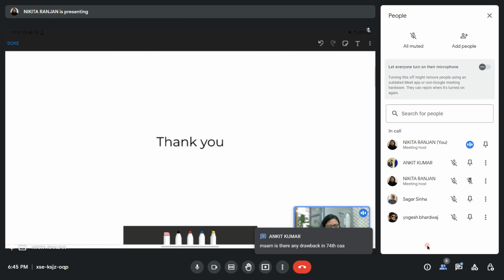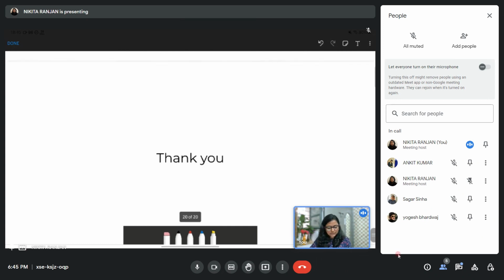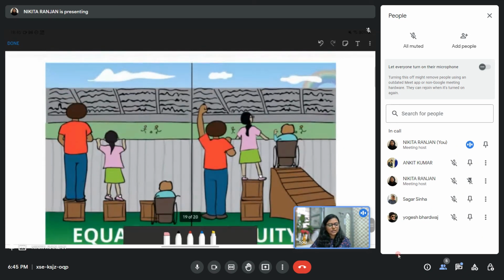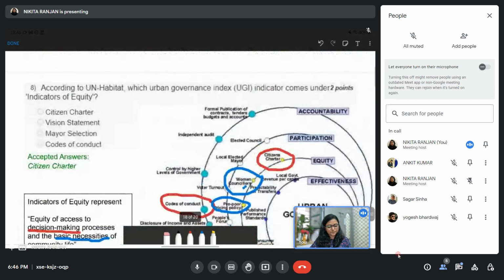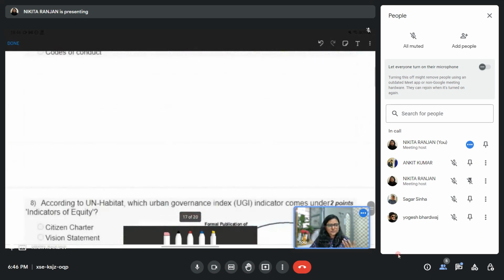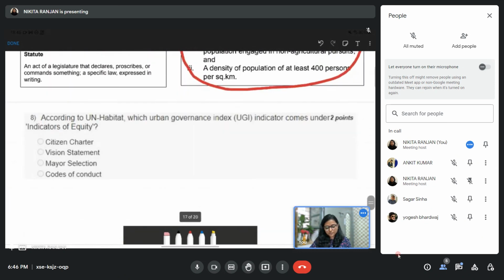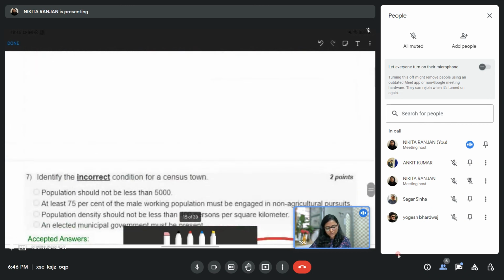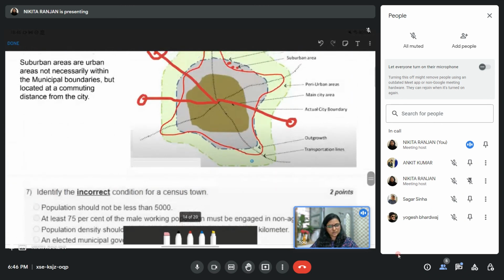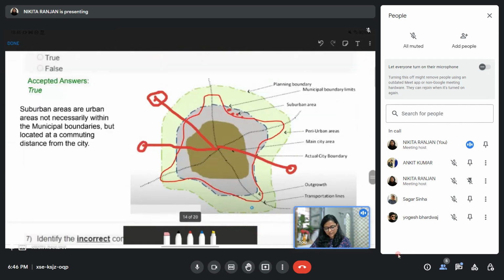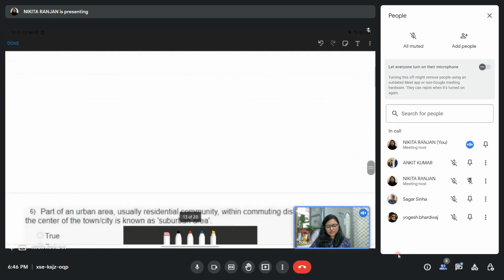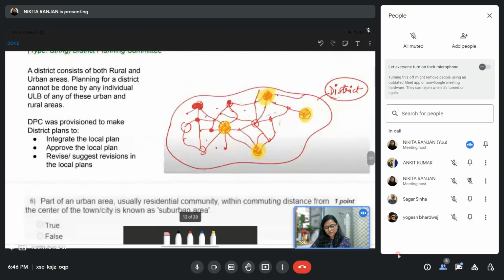Ankit Kumar asks, ma'am, is there any drawback in the 74th Constitutional Amendment Act? Okay. So, Ankit, there are several. It's a debatable issue and it has been debated by several academicians, people who are working in the field, from the local governance bodies or citizens, and it has been researched upon by academics as well.